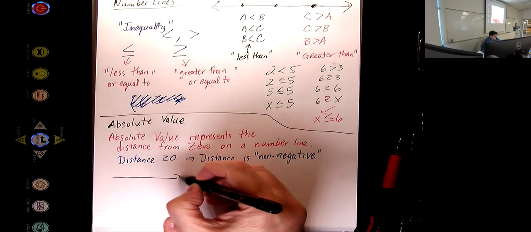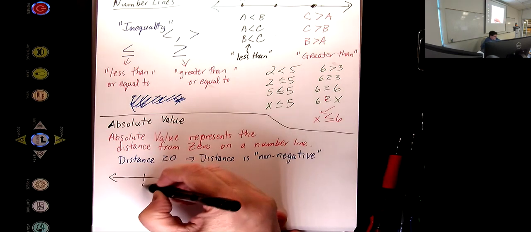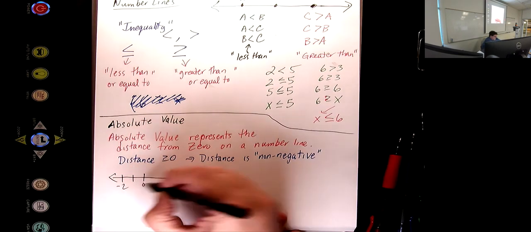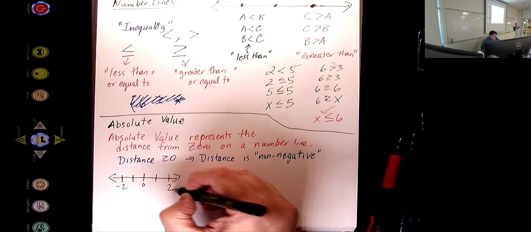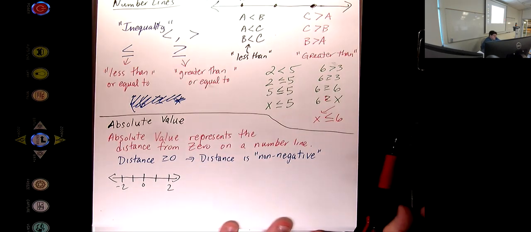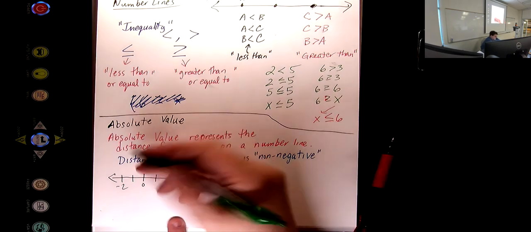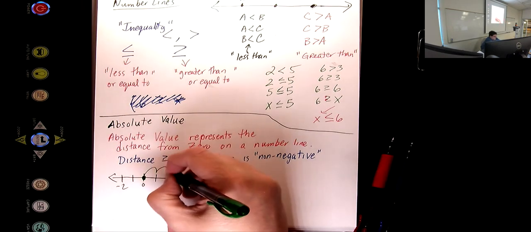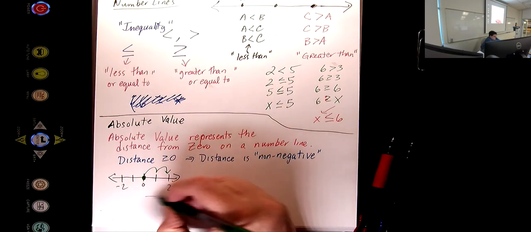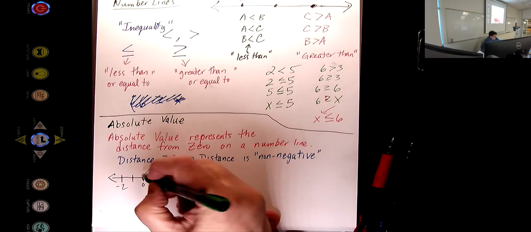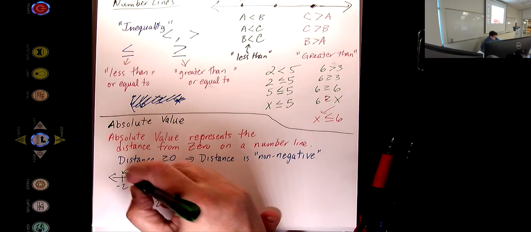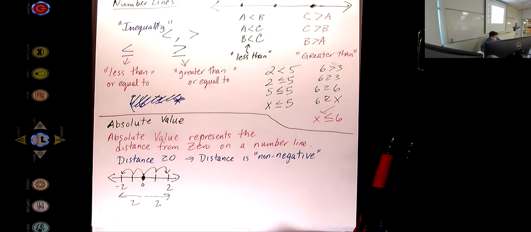So if I have a nice little number line and I got 0 here in the middle and I go to the left this way and I go to the right that way, the distance from 0 to each of these, 1, 2, this one has a distance of 2, 1 step, 2 steps, this is also a distance of 2.